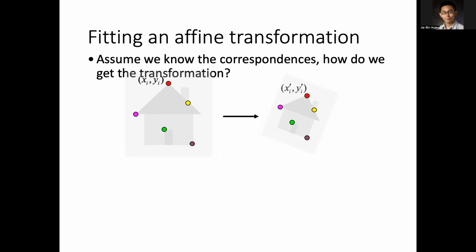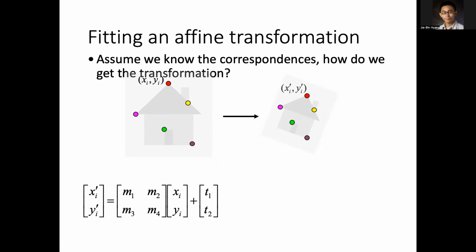You get a correspondence. Now for each correspondence pair, you have a relationship like this. Here the unknown is this 2x2 matrix, which is the combination of scaling, shear and rotation. You don't know what the scaling is, the shear, or the rotation. So you describe this 2x2 matrix plus t1, t2, which is an unknown translation, okay?